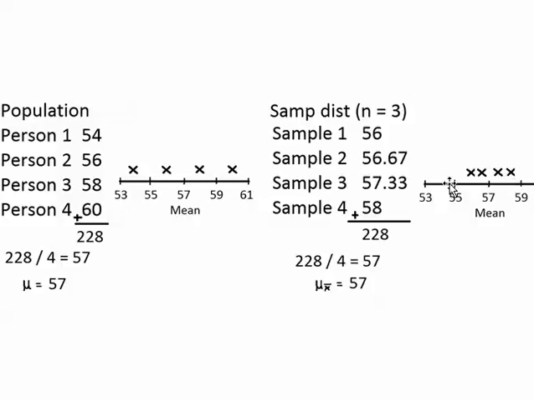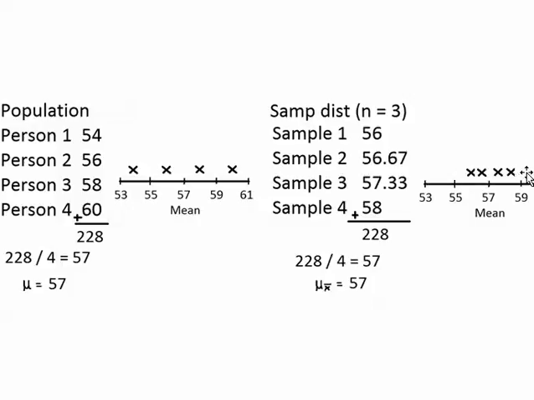And one point that you've probably already noticed is that these 4 sample means in this sampling distribution are packed in closer to the population mean compared to the sample means in the other sampling distribution with a sample size of only 2. Because when we were looking at the other sampling distribution with a sample size of 2, we had a sample mean down at 55 and a sample mean all the way up at 59.